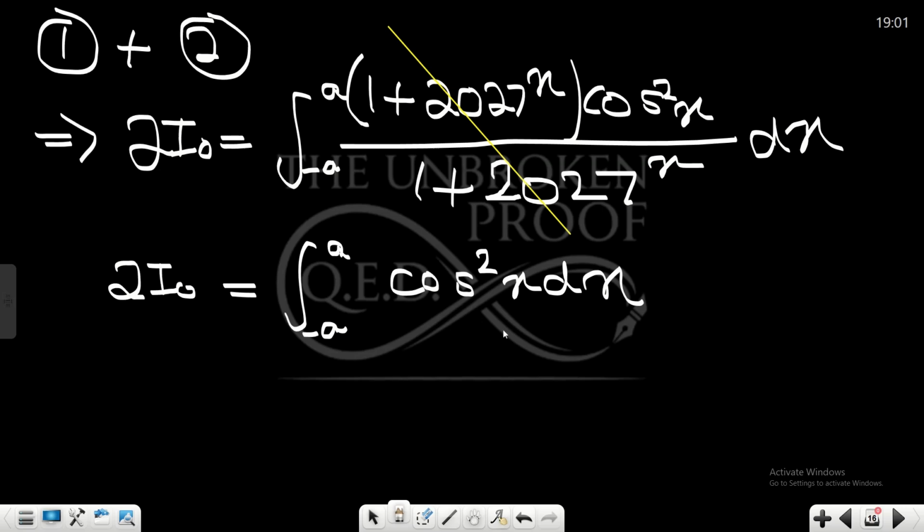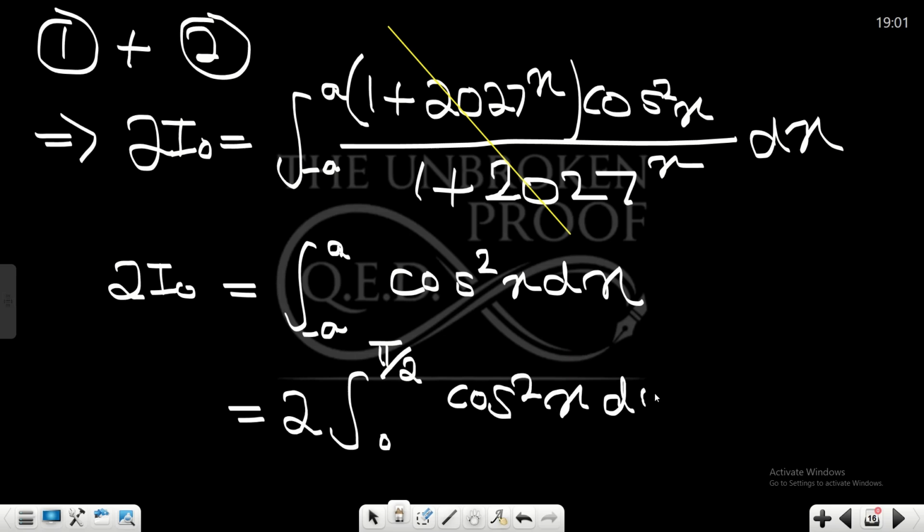And if you see cos square x is an even function, so you can write this directly as 2 times 0 to pi by 2 cos square x dx, and this is your 2 times I naught.